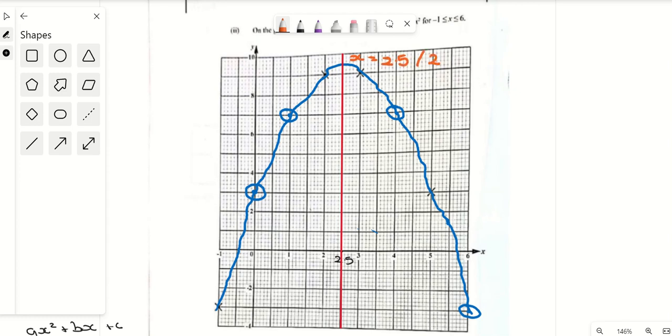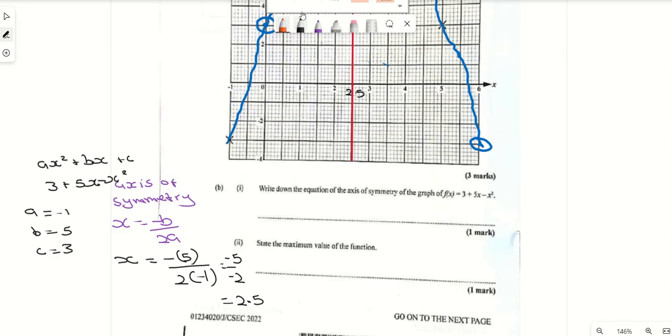And that would be my axis of symmetry. So again, this is x is equal to 2.5. That would be the equation for my axis of symmetry.